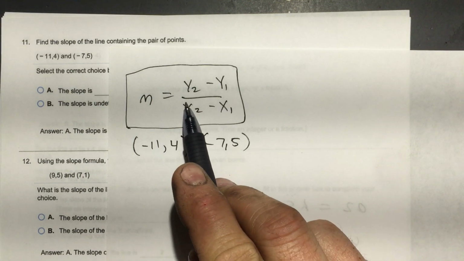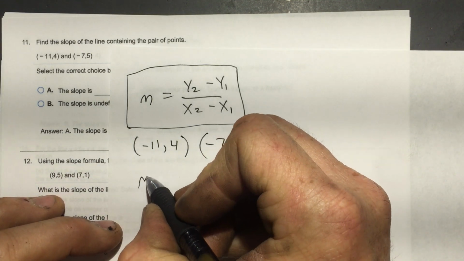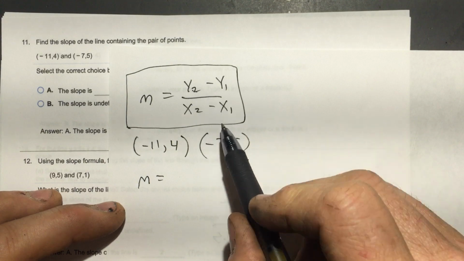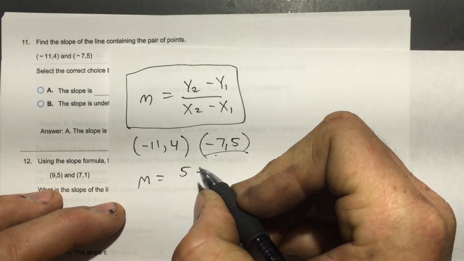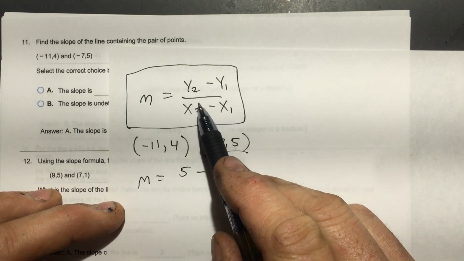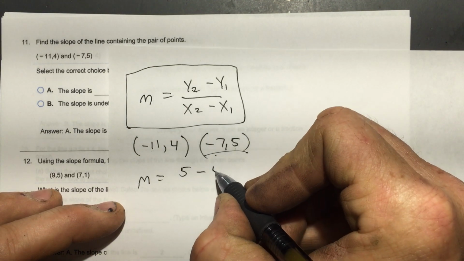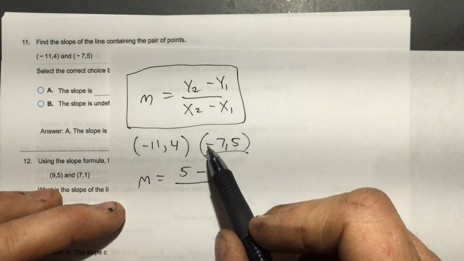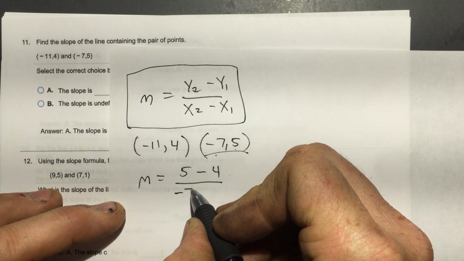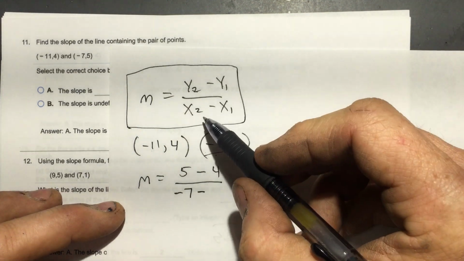All right, so as I use the formula then, my slope for these 2 points is going to be the y in point 2. Well, here's point 2 right here. The y is 5. Minus the y in point 1. Well, here's point 1, and my y would be 4. Okay, now on the bottom, the x in point 2. Here's point 2. My x is negative 7. Minus my x in point 1.